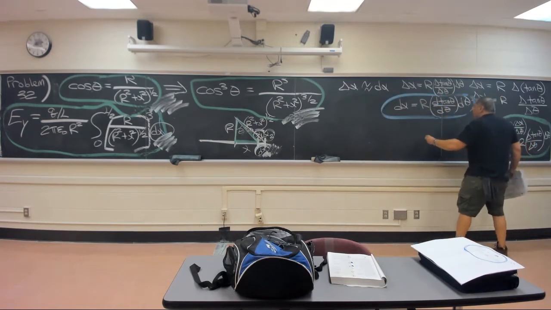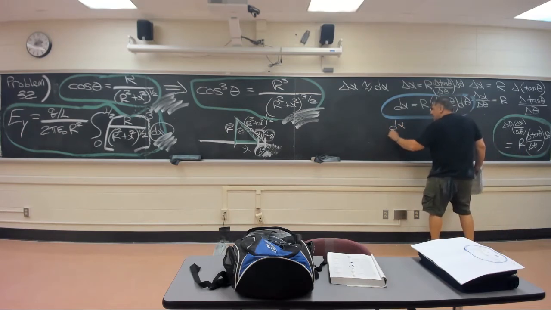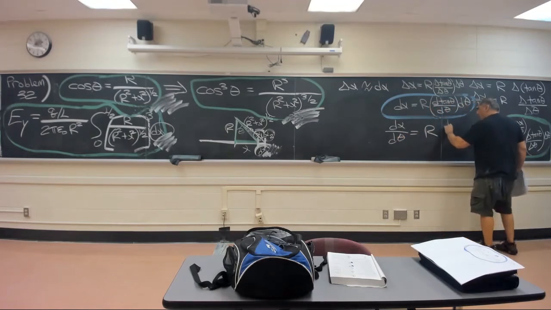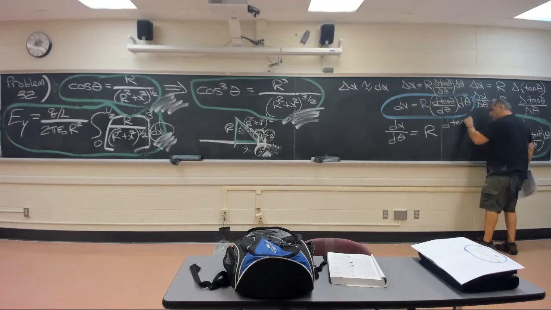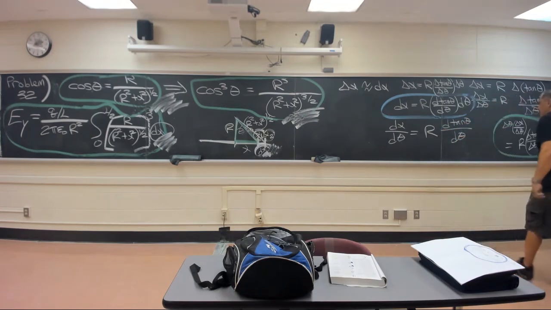You come to here, you could say a bunch of things actually. You could say that delta x d theta divided by d theta on each side is r d tan theta d theta. So on and so forth.